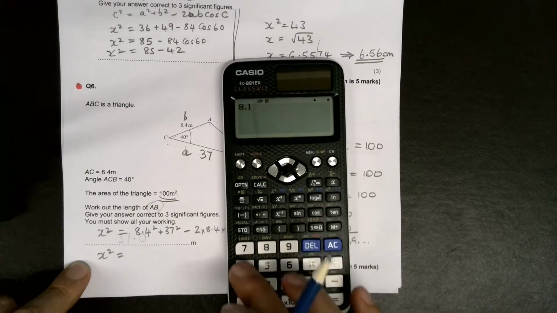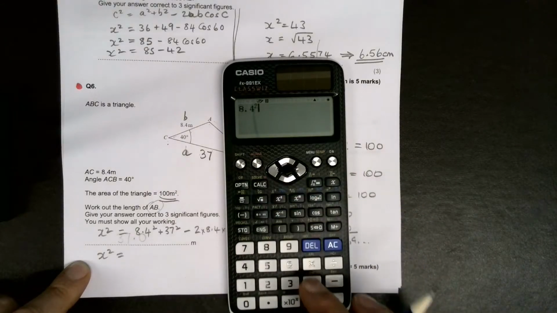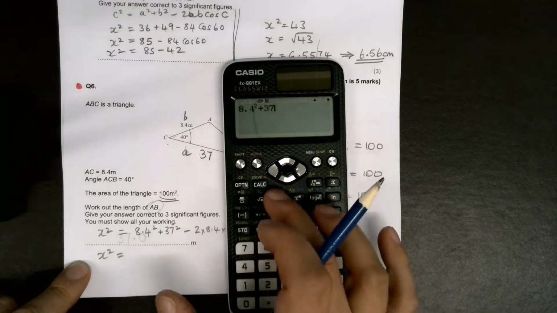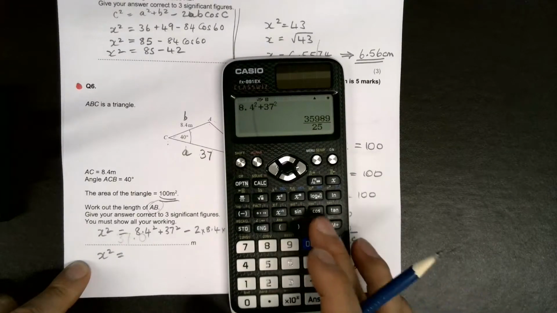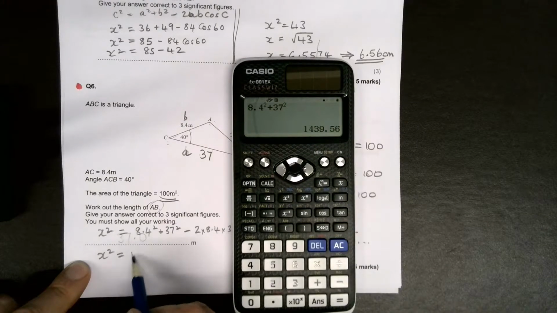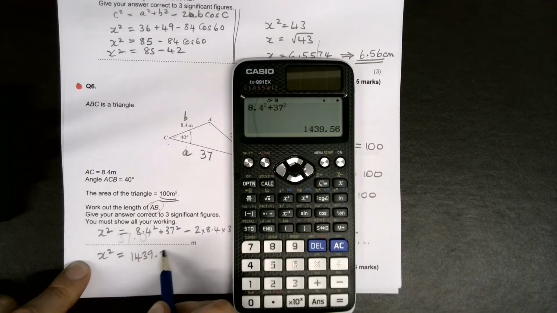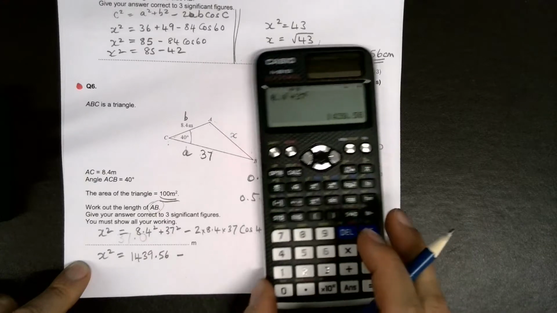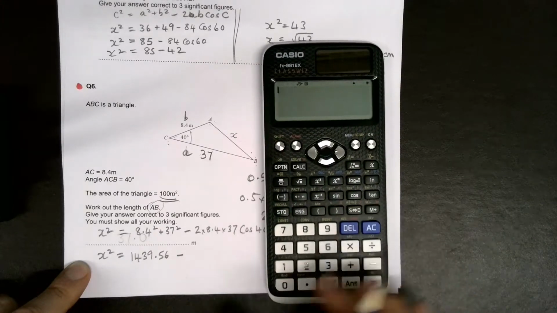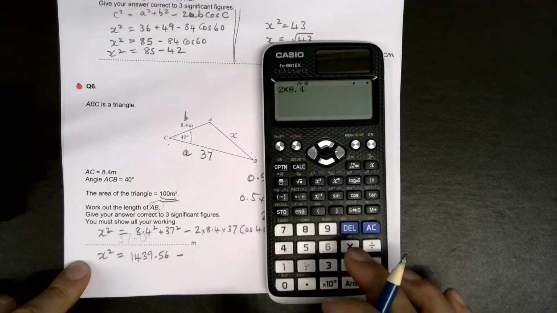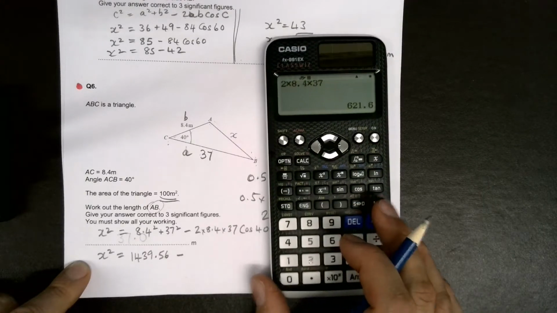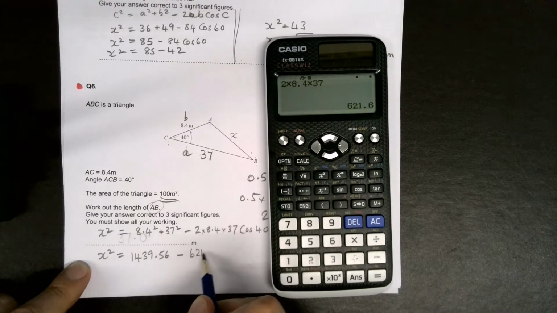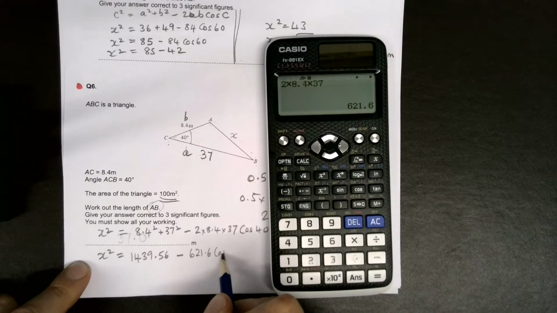So I'm going to do 8.4 squared plus 37 squared, which would give me this big number. And I want to be taking away 2 times 8.4 times 37, 621.6 cos 40.